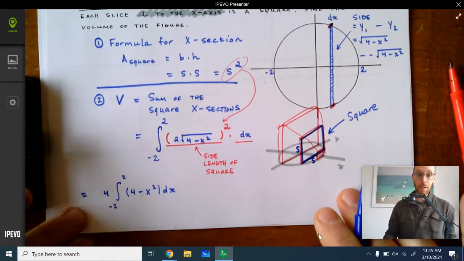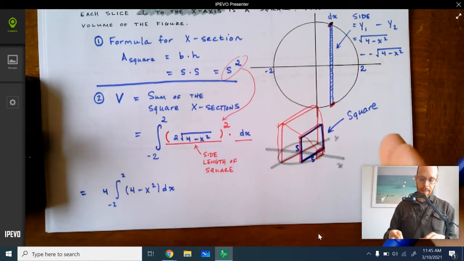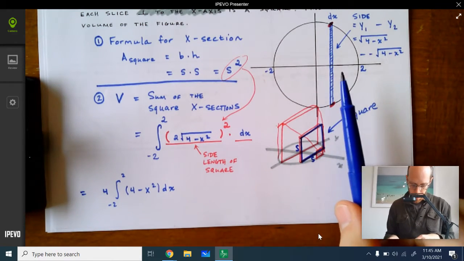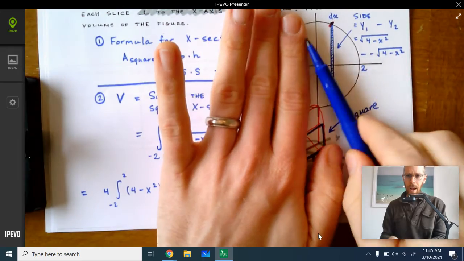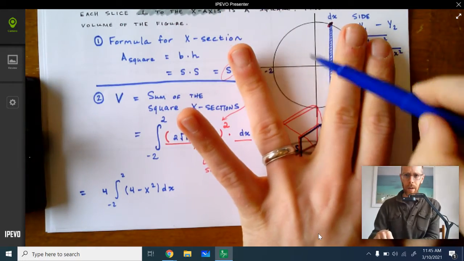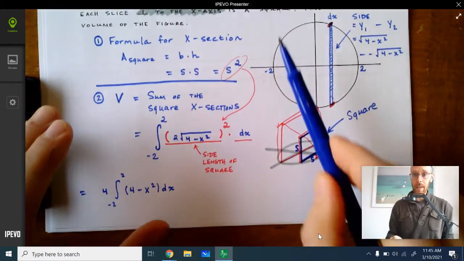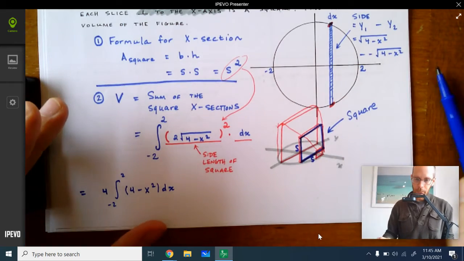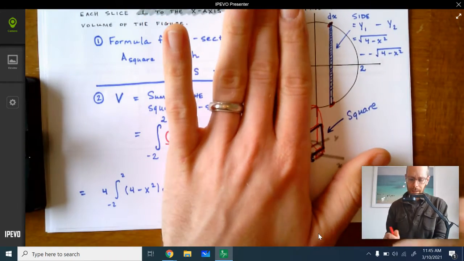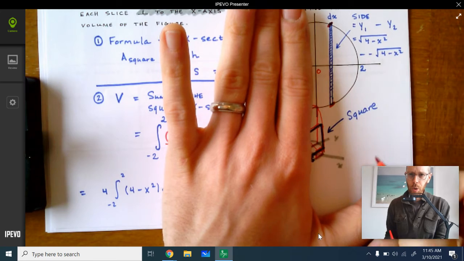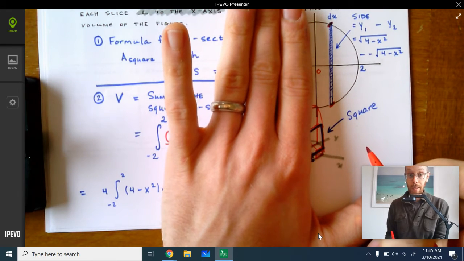The other thing that I'm going to do, because I'm lazy, is I'm going to note that this side and this side are mirror images of each other. This is an even function. So one thing we could do is just find the region from 0 to 2 and then double it.